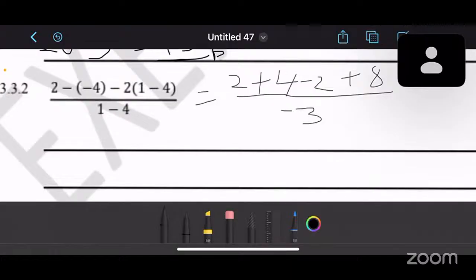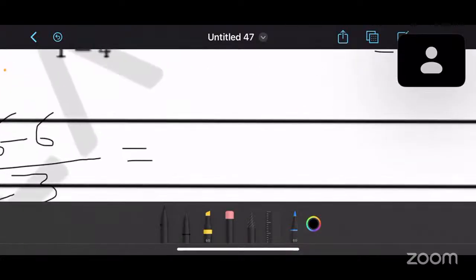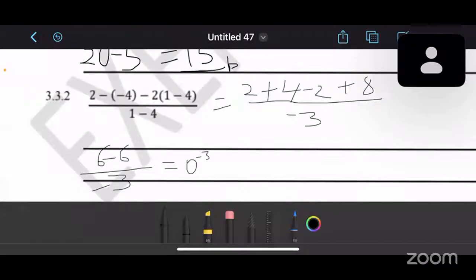Yes. Then as a denominator you write -3. Then your final answer will be 0 to the power of -3. Wait, no, as a fraction.